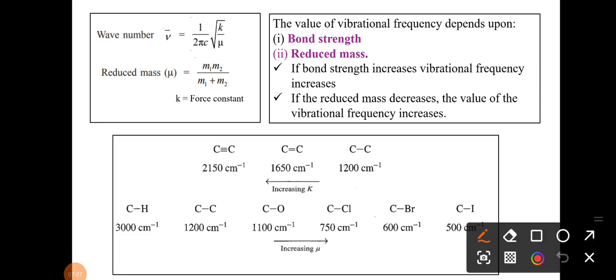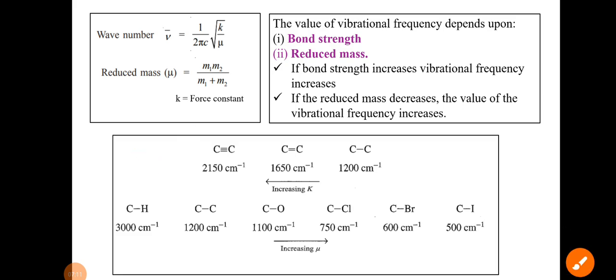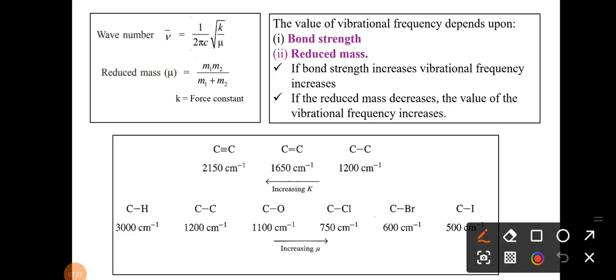Here we can see an example: C triple bond C, C double bond C, and C single bond C. The bond strength decreases from the triple bond to the double bond and then the single bond, so the vibrational frequency also decreases. So it is directly proportional to the bond strength.